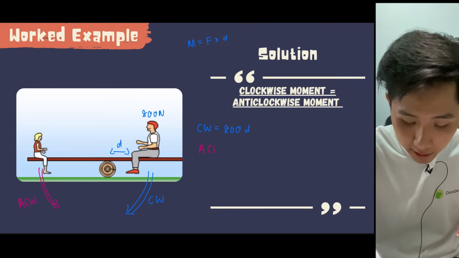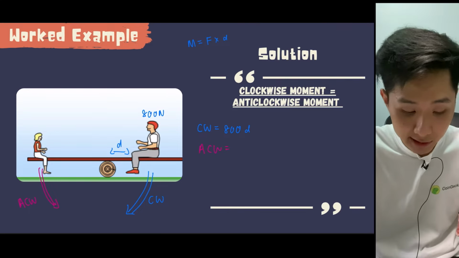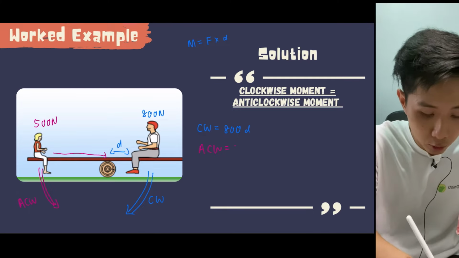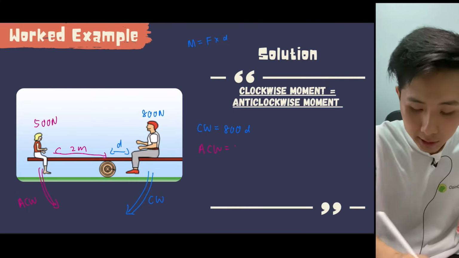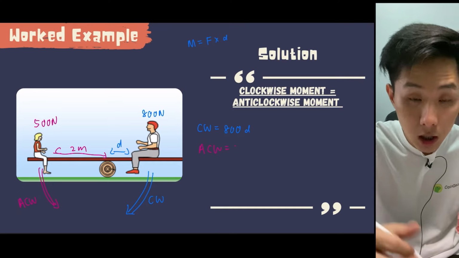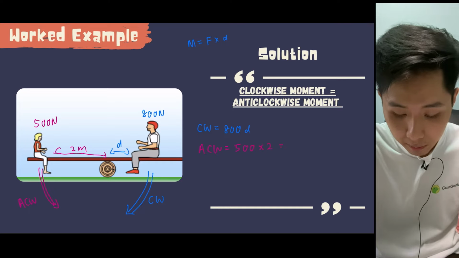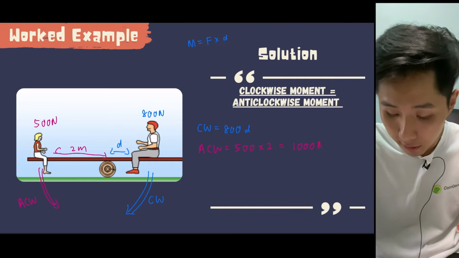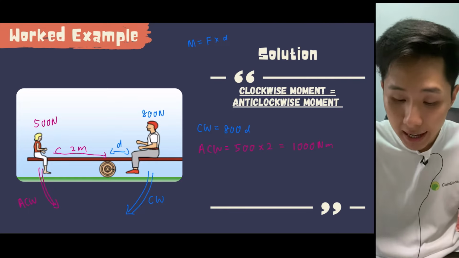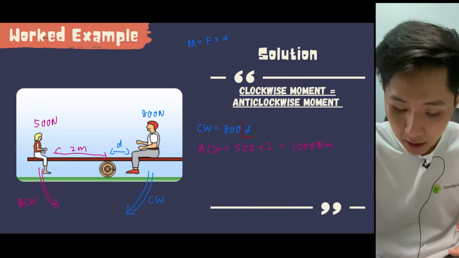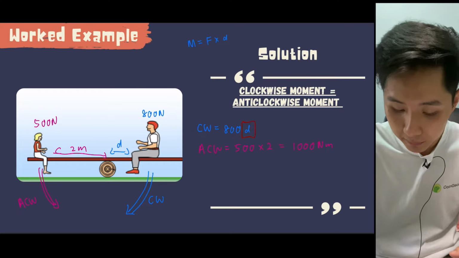And the anti-clockwise moment is going to be where the daughter sits. The daughter is 500 Newton, and she sits 2 meters from the pivot. So in other words, the moment that she creates is going to be 500 multiplied by 2, so it's going to be 1000 Newton meter. Now we're going to let anti-clockwise be equal to clockwise moment in order to find the unknown distance.